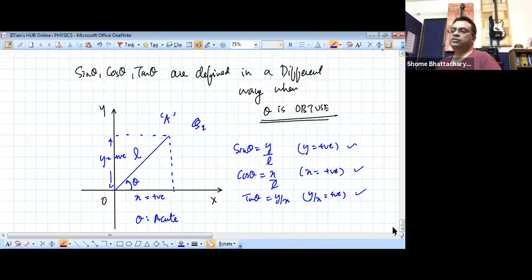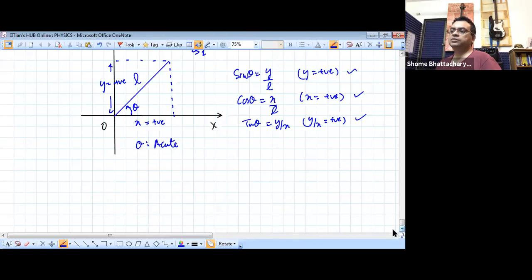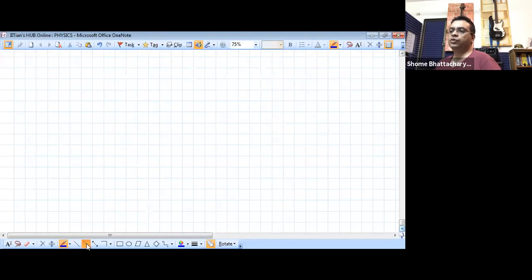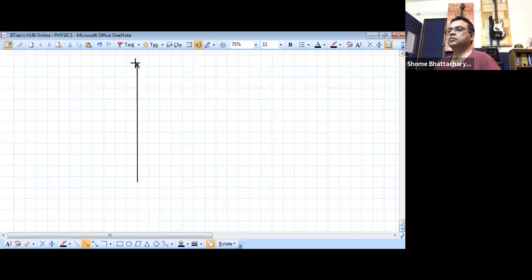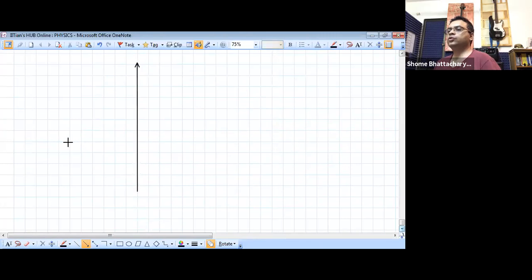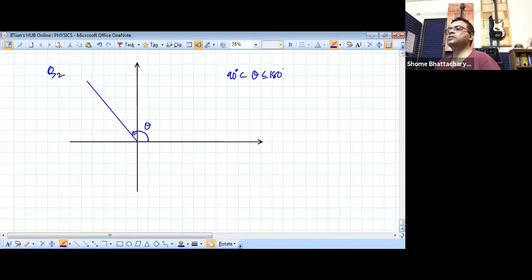Okay. But when we take in second quadrant, the interpretation becomes different. In second quadrant, what happens is, now if you rotated your rod or whatever object like this, but at an obtuse angle with respect to x-axis, rotate it like this. So now it's in second quadrant. So theta is greater than 90, less than or equal to 180 degrees.